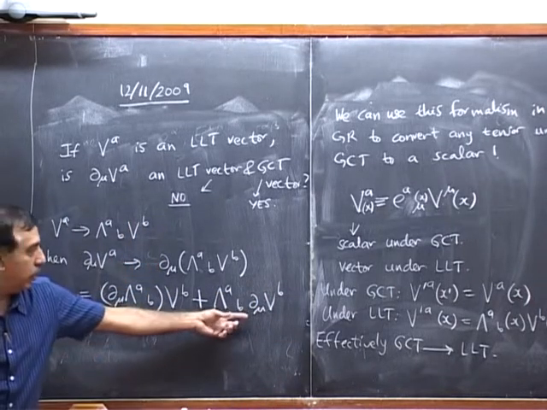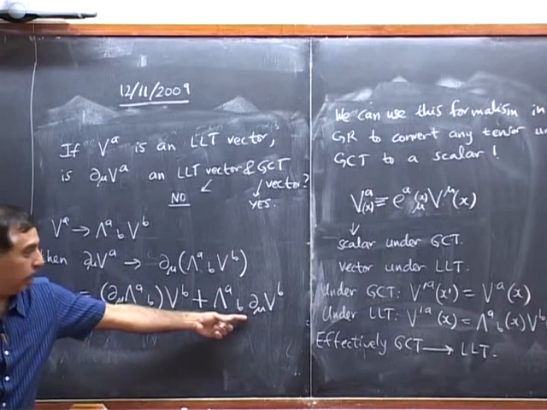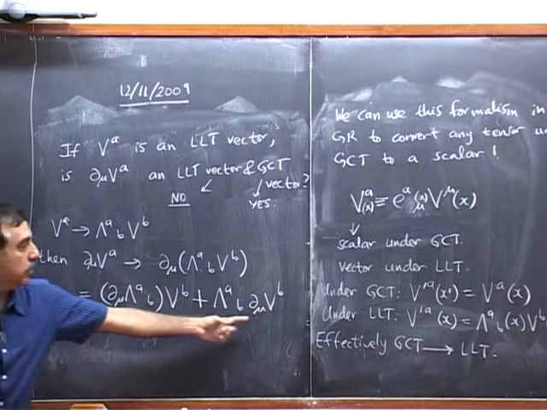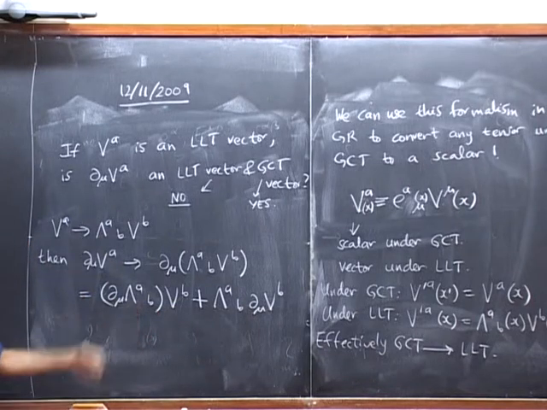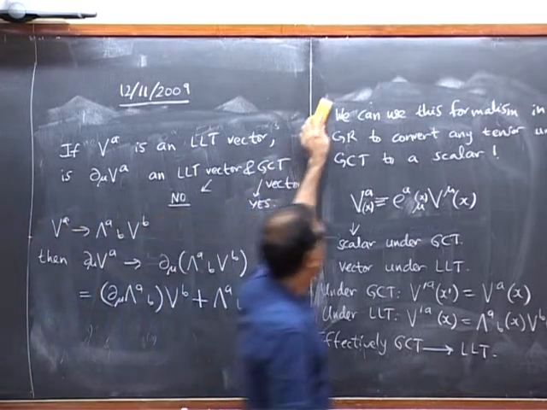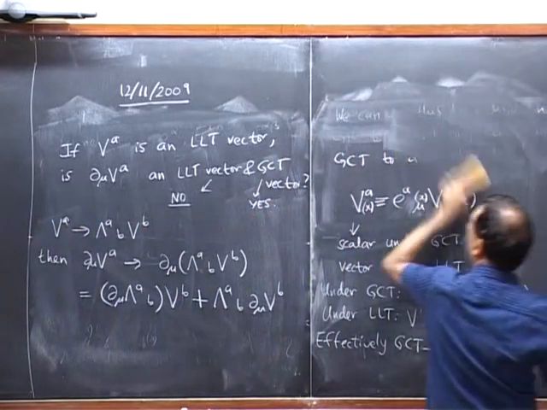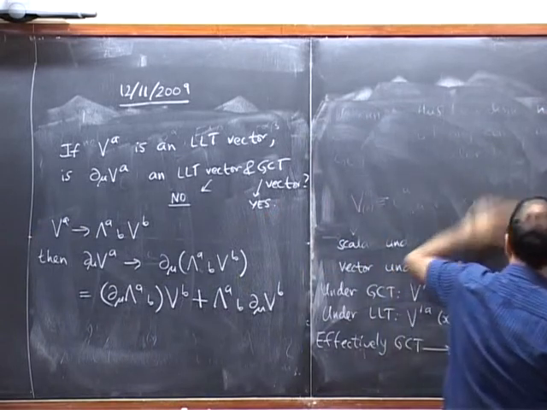Now this is all that we wanted. If this was the only term there, then we would have said that it transforms like an LLT vector, but bad news, this is there. Okay. So how do we cure this? By now you should know.